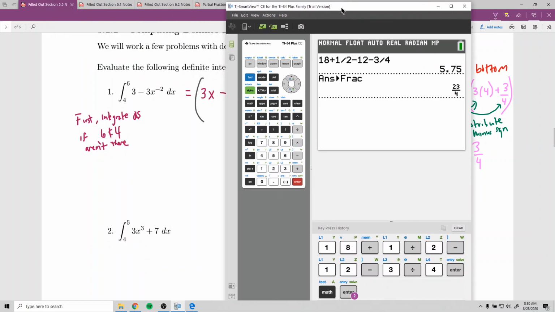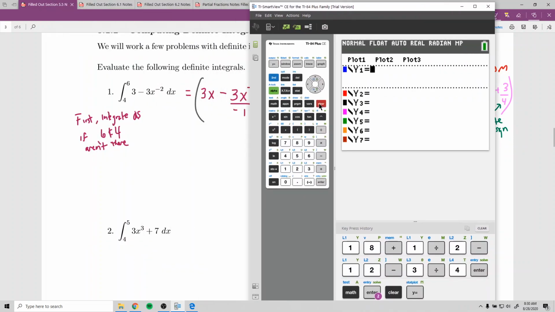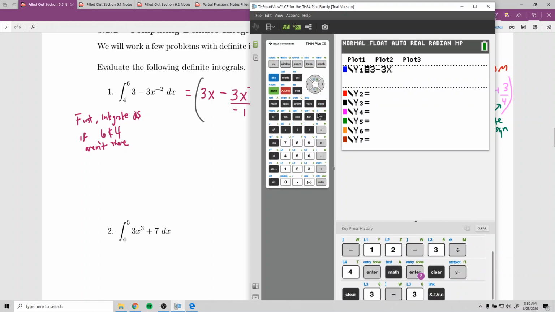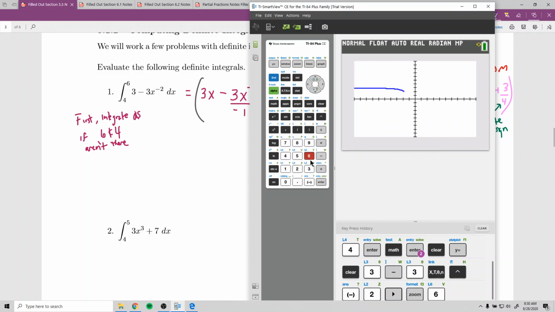So just to explain it a little bit more, let's graph it so you can see more where the number came from. So we got y equals 3 minus 3x and -2. We graph this function. I'm just going to hit zoom 6 for starters. We only care between 4 and 6. Now x is 4 here, and x is 6 here.